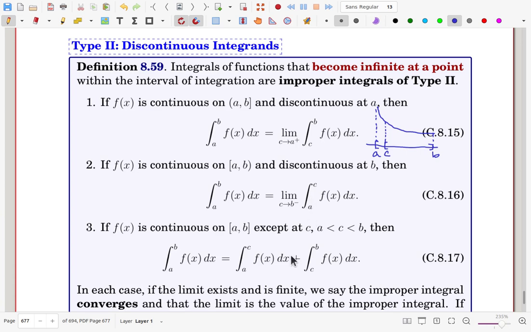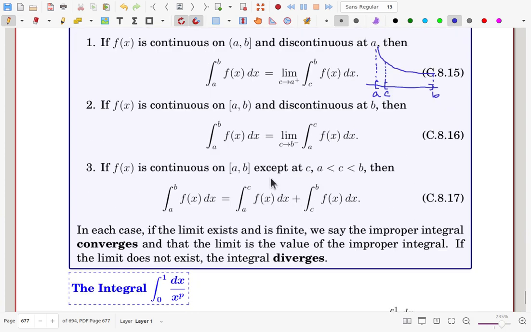For the case where somewhere between a and b at c the value goes to infinity, we compute the integral from a to c and from c to b, and if both exist, then the sum will be the final answer.